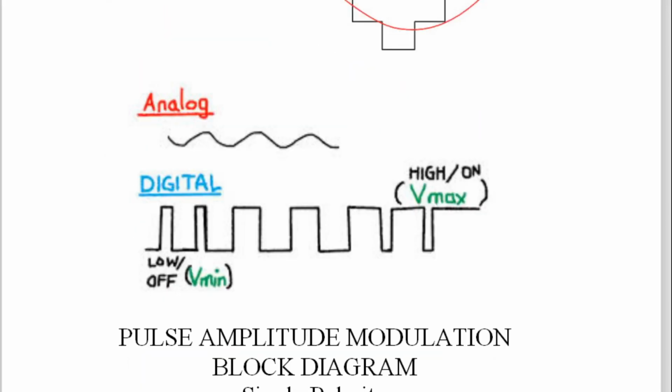Now here again is the same diagram. An analog signal continuously varies with respect to time. A digital signal is in a steady state; it remains in that state for a certain time. Here it is for a long time, here for a short time, like that the high voltage level is for a long time and here for a short time.